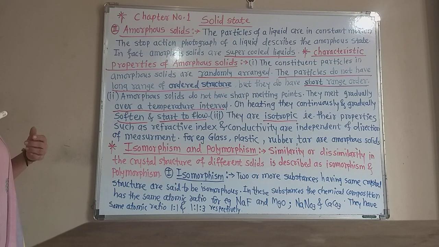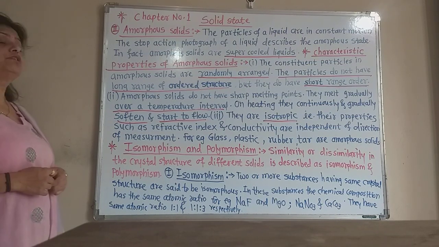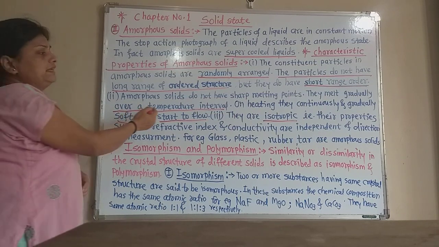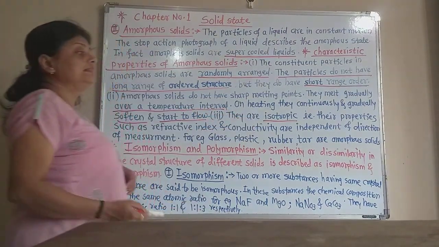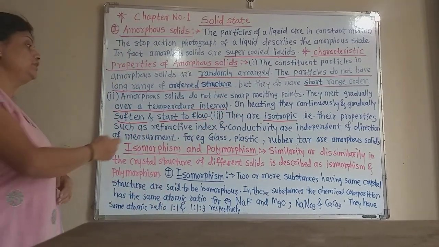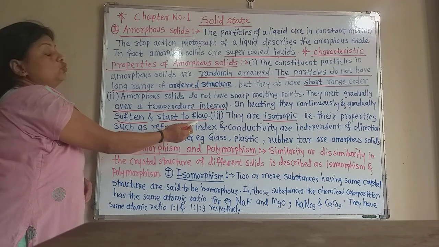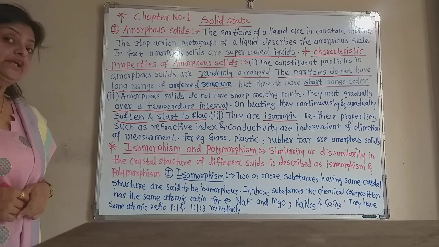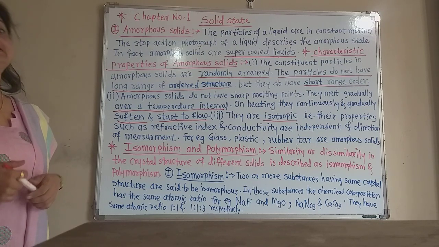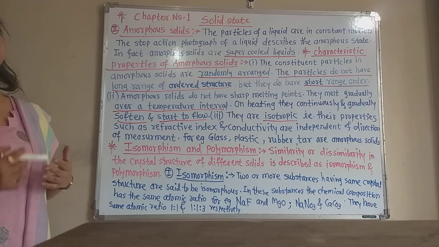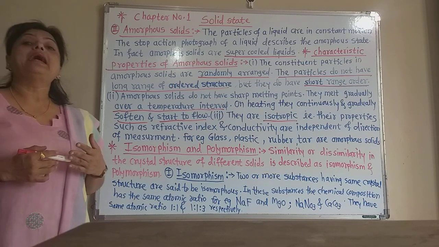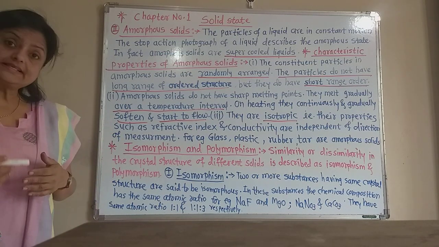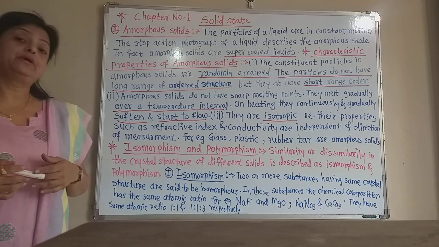So amorphous solids do not have a sharp melting point. They melt gradually over a temperature interval. On heating, they continuously and gradually soften and start to flow. If we give heat to an amorphous solid, then it becomes softer and softer, and it flows also.